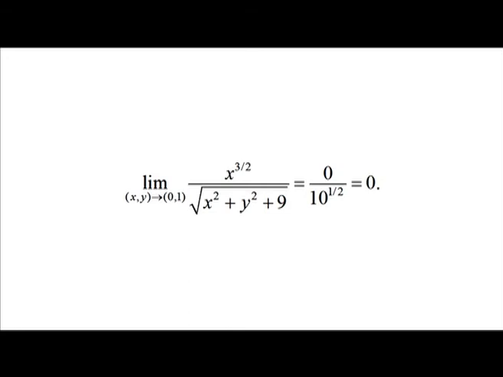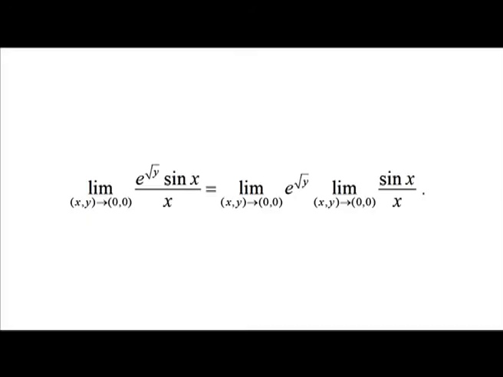Hence, the limit as (x, y) approaches (0, 1) of x raised to 3 by 2 divided by the square root of x square plus y square plus 9 is equal to 0 divided by 10 raised to half, which is equal to 0.